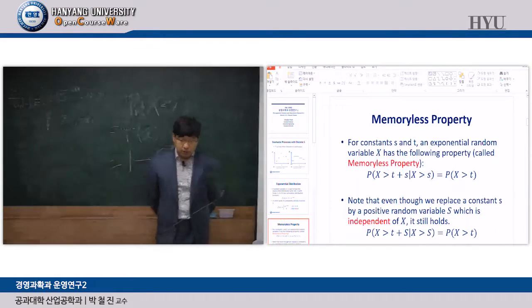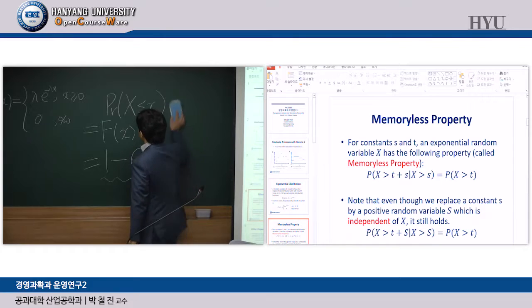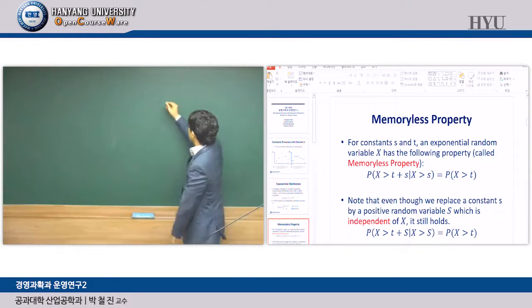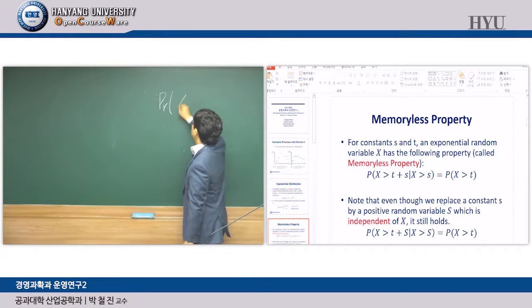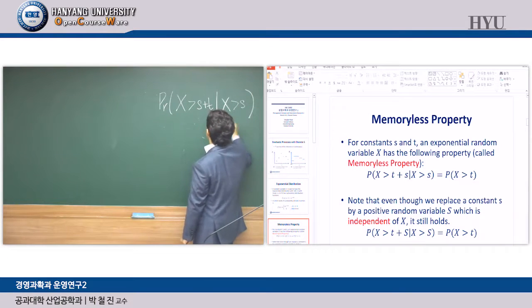The memoryless property is about how to handle conditional probability. The simplest version is for positive constants s and t. For given positive constants s and t, sometimes we want to calculate such a conditional probability: the probability that large X is greater than small s plus t, given that X is greater than small s.